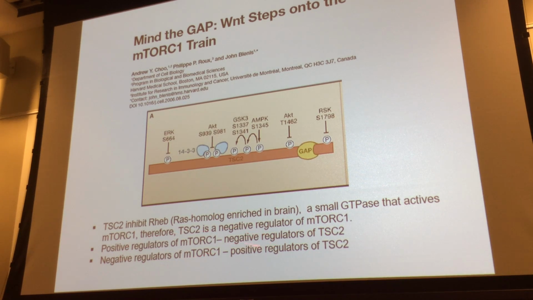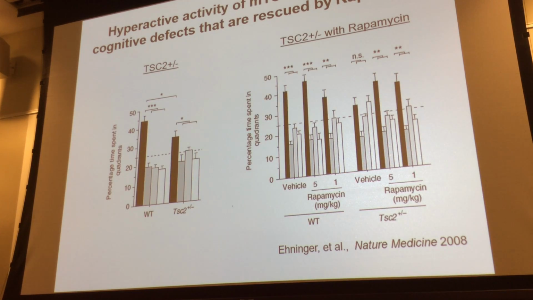Vice versa for those positive regulators of TSC2, including GSK3 and AMPK. They are the negative regulators of mTOR, meaning that when they activate, the mTOR signal is going to be down. Okay, so if you remember this slide, you're probably going to be okay for this lecture, if there's any exam associated with that.